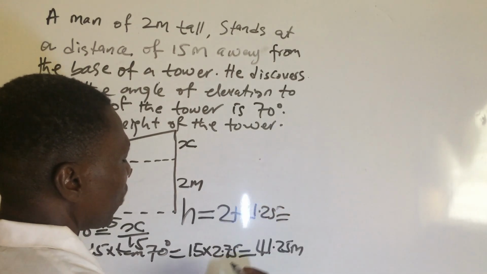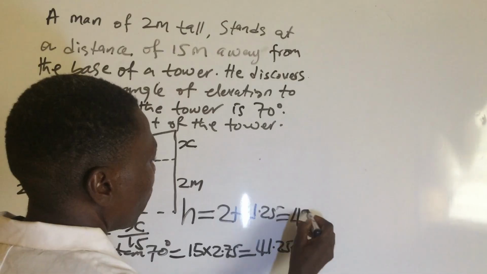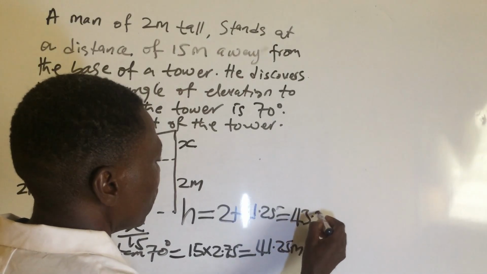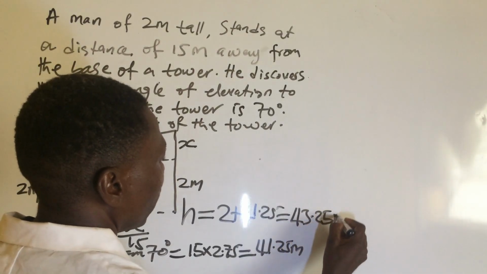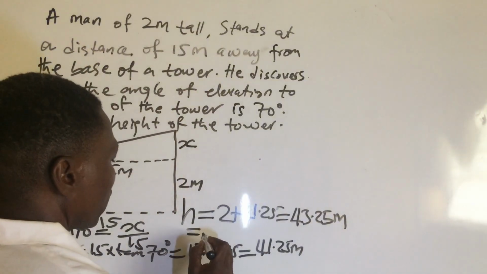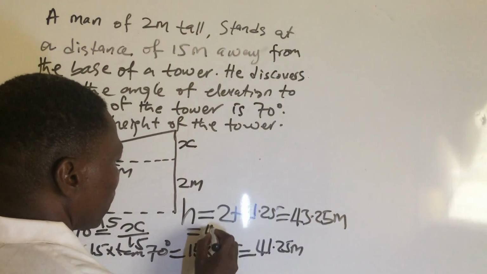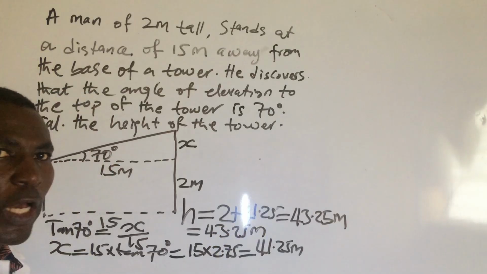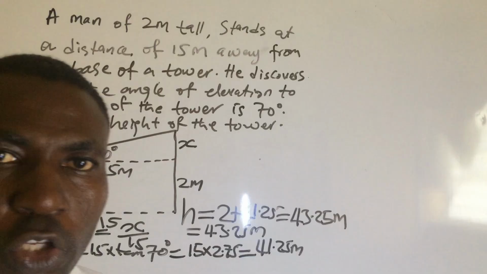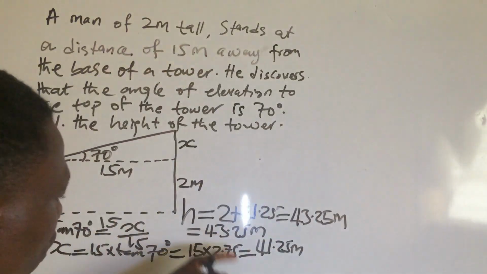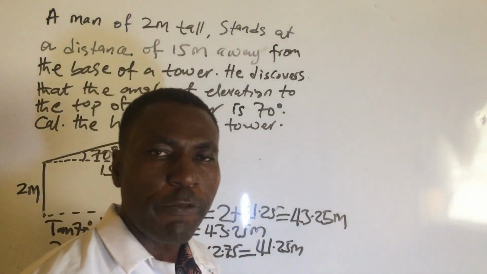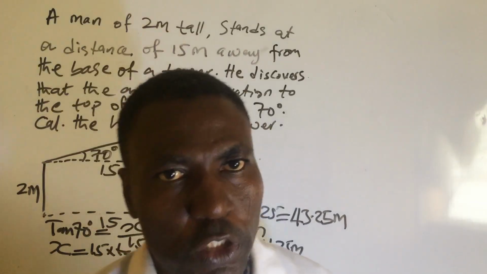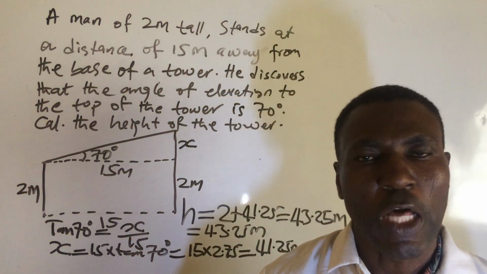And when we add up, we now have 43.25 meters. The answer becomes 43.25 meters. So the height of the tower is 43.25 meters.